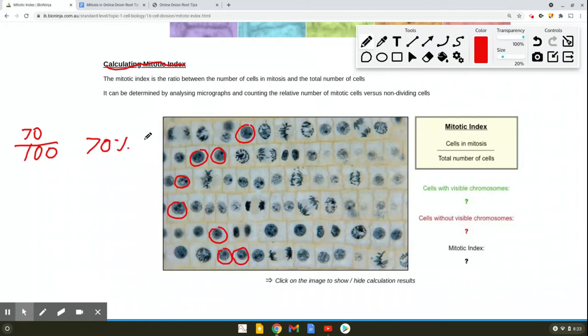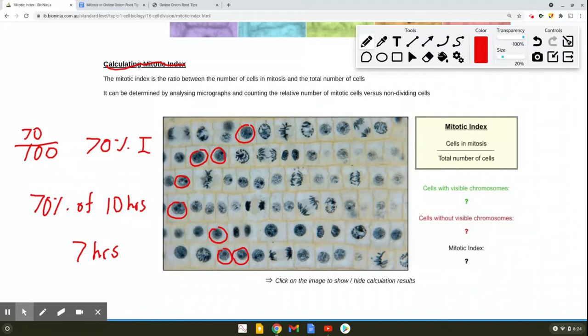So if 70% are in interphase, and let's say that the cell cycle takes 10 hours, well, 70% of 10 hours would be 7 hours. So we can do some calculations to figure out how long the cells spend in each phase. We just have to know how long the whole cell cycle is.